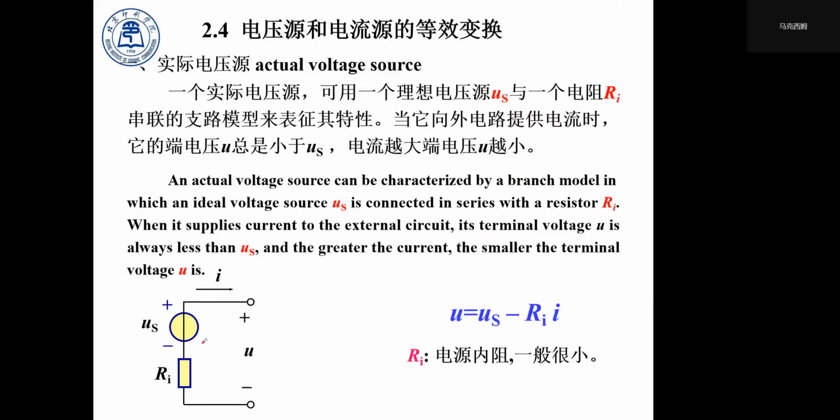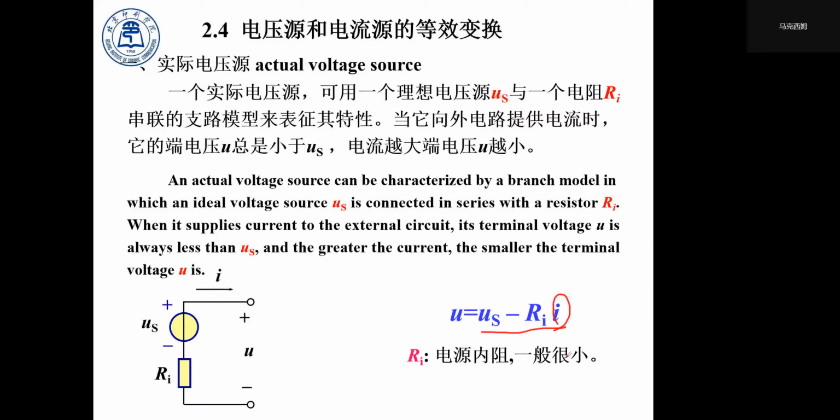From the outside view, we can see that the voltage over the two terminals is less than the ideal voltage source value, and it could change according to the current.